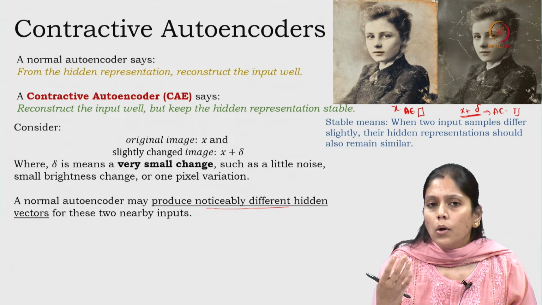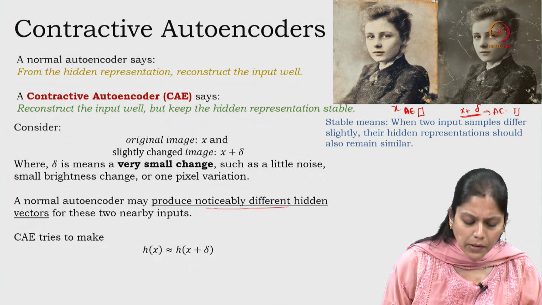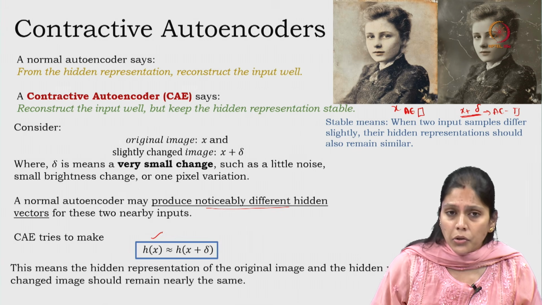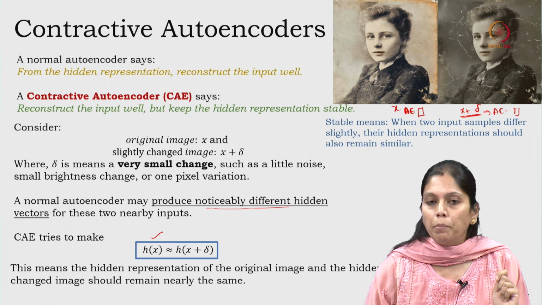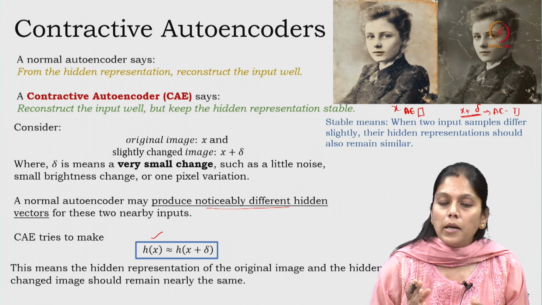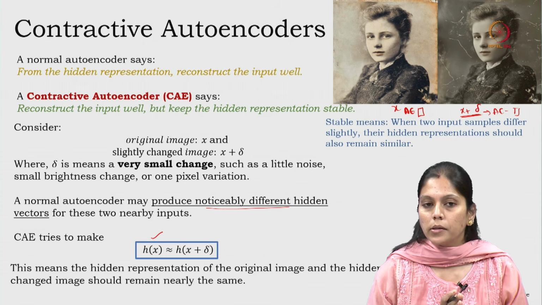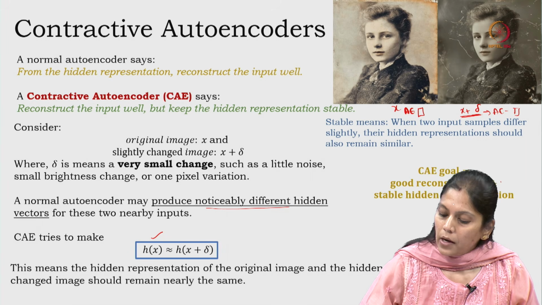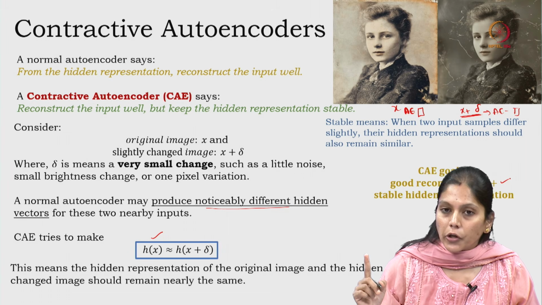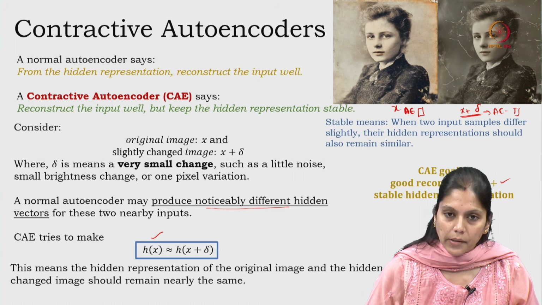In that case, what does the contractive autoencoder say? The hidden representation of the input and the hidden representation of a slightly changed input should remain nearly the same. That is what the contractive autoencoder ensures. Therefore, the main goal here is, of course, you should get a good reconstruction, but at the same time you should have a stable hidden representation.